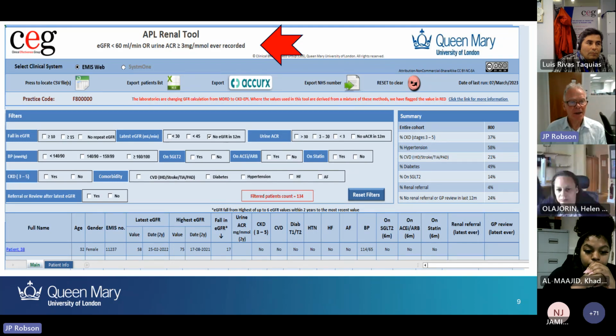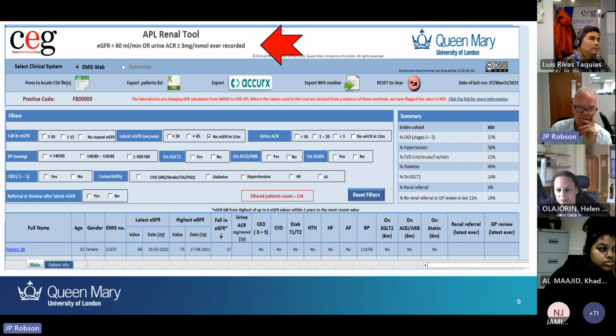So that's a way of finding people who may have not had repeat EGFRs done. You can filter instead on people whose latest EGFR is less than 30 or less than 45 rather than less than 60, or they've got no EGFR in 12 months. You can look at people who do and don't have a urine ACR, if it's high or low.